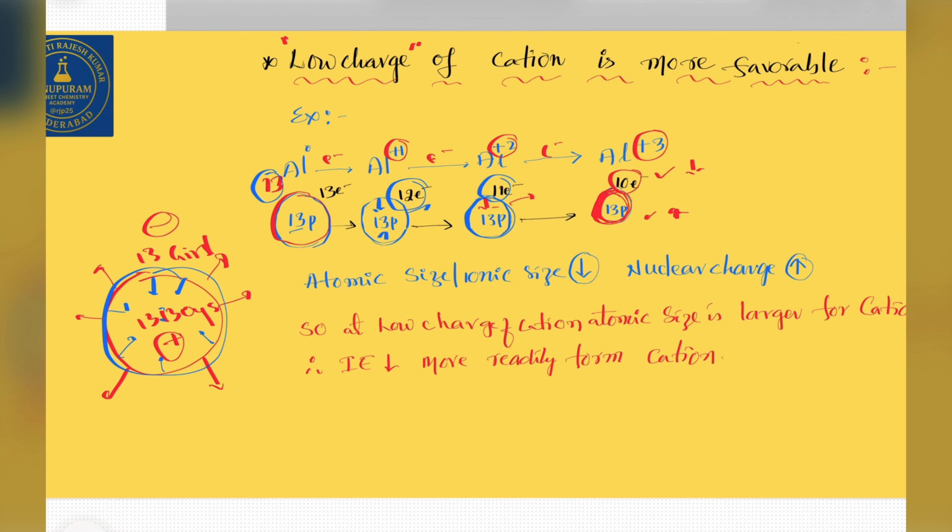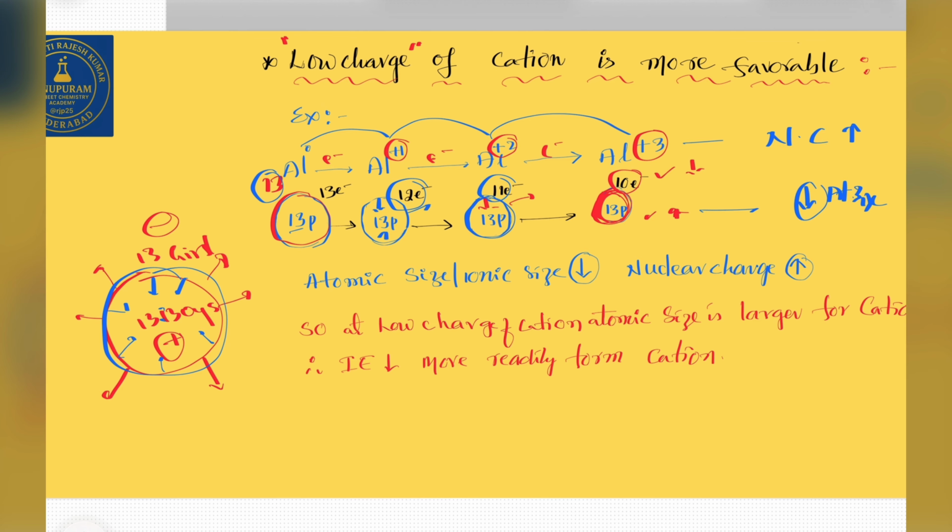That is what nuclear charge means. See the nuclear charge here, from 0 to 1, 1 to 2, 2 to 3. This is called nuclear charge. So when nuclear charge increases, atomic size decreases.